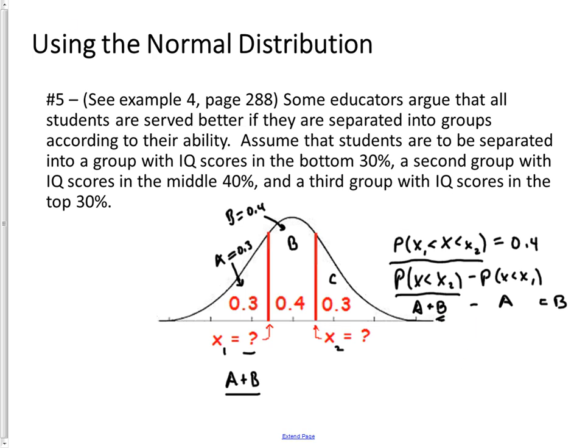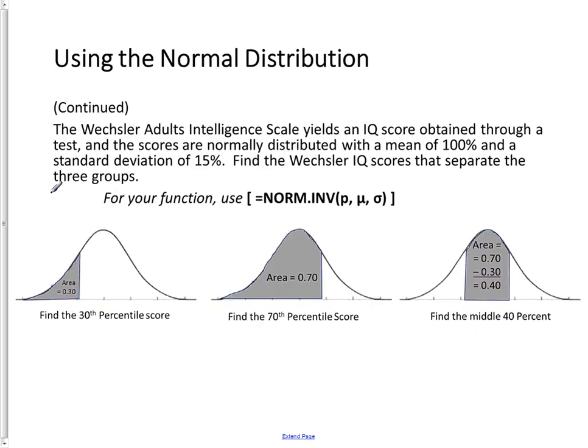Well, here's what we're going to do. In Excel, we're going to use the command norm.inv, and that's going to give us the z-score, or the x-score, associated with a probability from a distribution that has that particular mean and standard deviation.